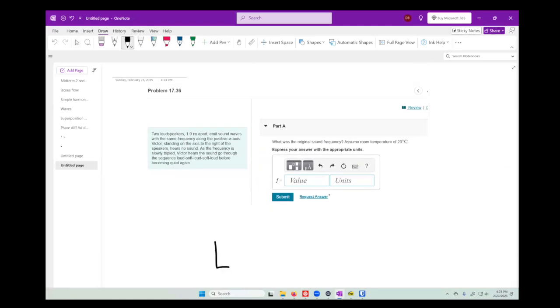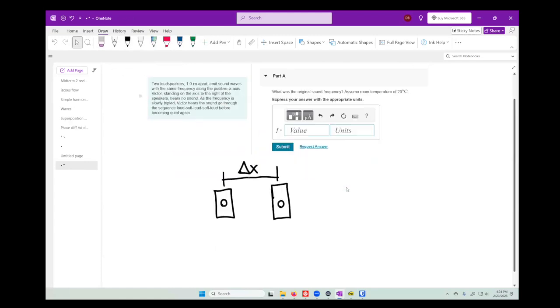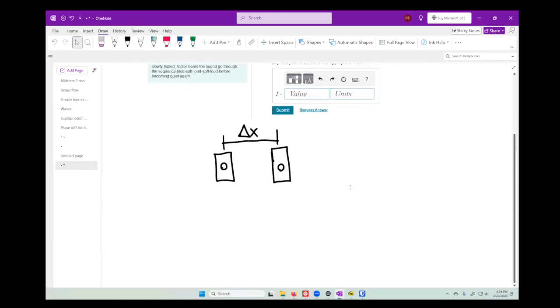So we've got two speakers a certain distance apart. So it's an interference problem, right? The setup for all these problems should be the same. We know that we want to look at the phase difference.